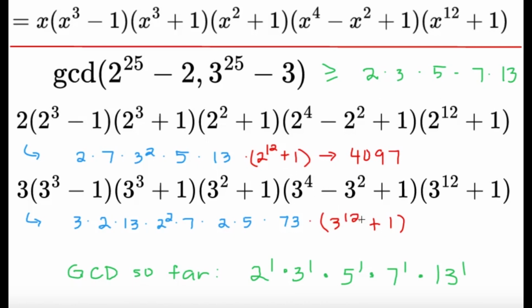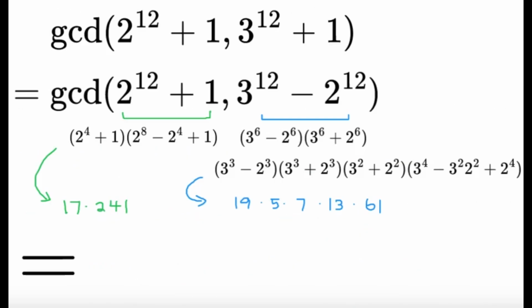And this is the thing that we want to check. So let's try to check if there are any other factors that are common to 2 raised to 12 plus 1 and 3 raised to 12 plus 1, because it suffices for us to check for the GCD of these two. So let's try to get the GCD of these two numbers.